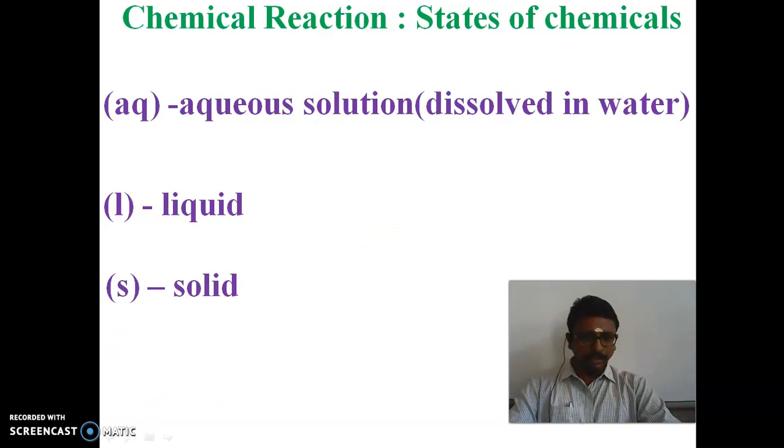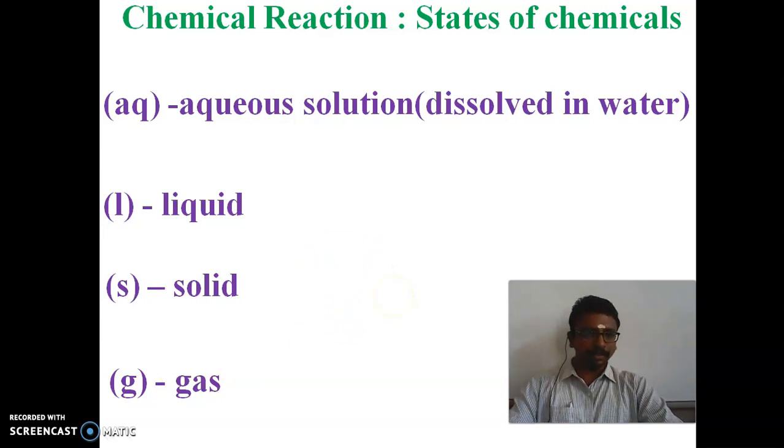And next is solid. If the substance is in solid state, we have to mention s. And if the substance is in gaseous state, we have to mention g. For example, oxygen is a gas.